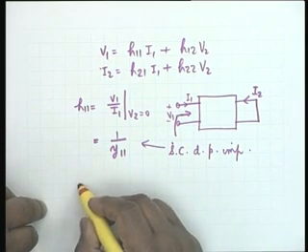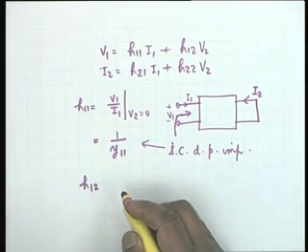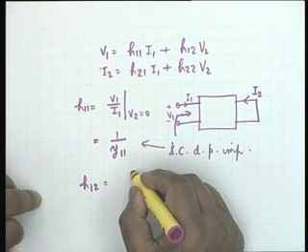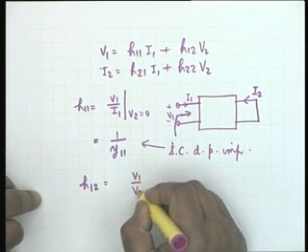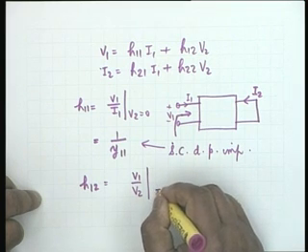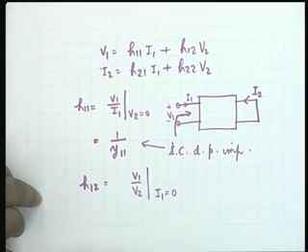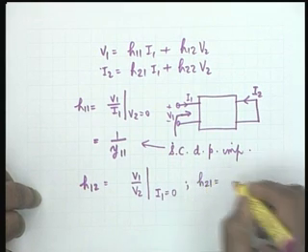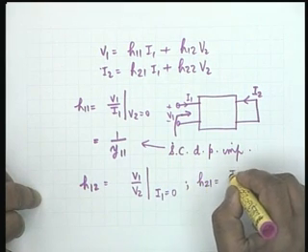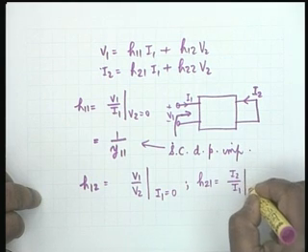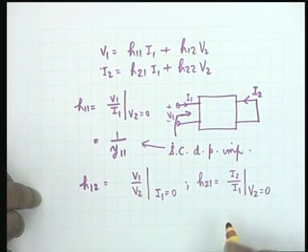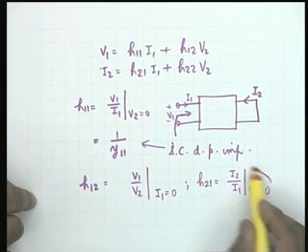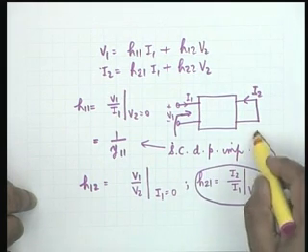Let us look at H12. By definition, H12 is V1 by V2 under the condition I1 equal to 0. But before we take this, let us take the other one. H21 is equal to I2 by I1 under the condition V2 equal to 0. H21 can be calculated from this diagram.